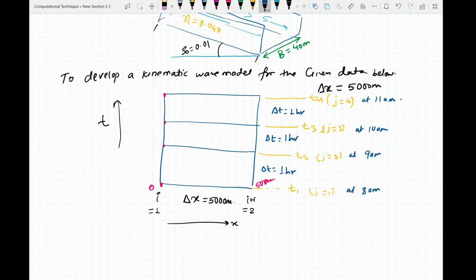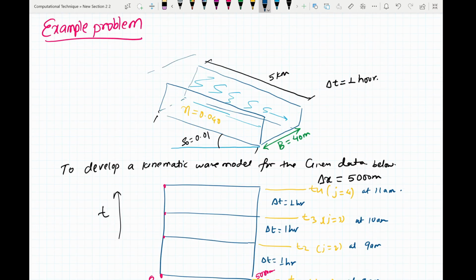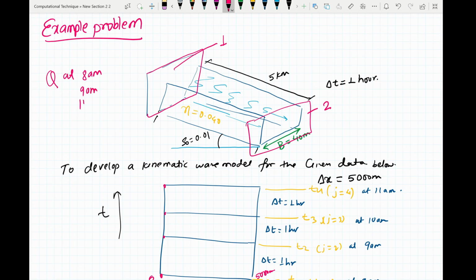So when you measure the flow at section 1, which is, let's say, here, this is section 2. So at section 1, when you measure your flow Q at 8 a.m., 9 a.m., 10 a.m. and 11 a.m., what you found was these values were 70 meter cube per second, 100, 100, and 100 meter cube per second.